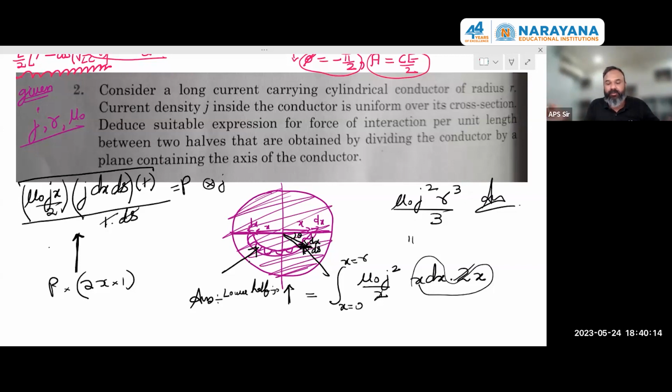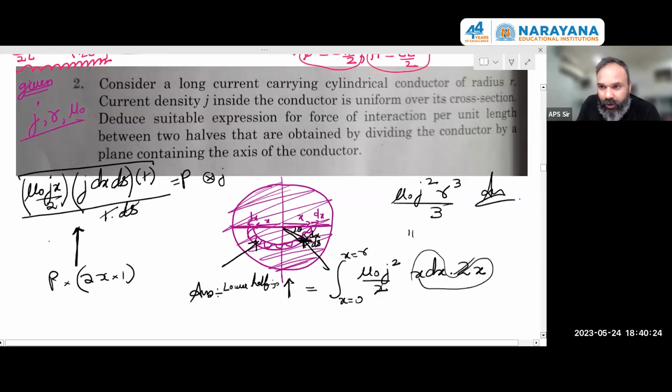Everywhere the same pattern is there. So uniform pressure, and the net force on that lower half hollow cylinder is this much. I integrated, I got this. So I think it is straightforward to all of you.